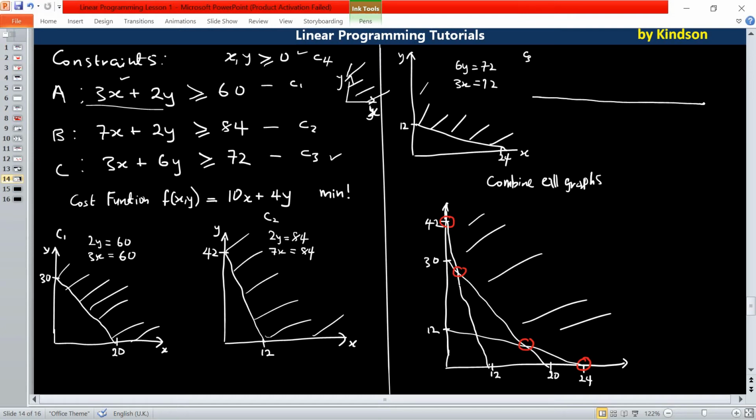So we need to create a table like this, and we say points. So we have the first one, let's call this P1, P2, P3, and P4.